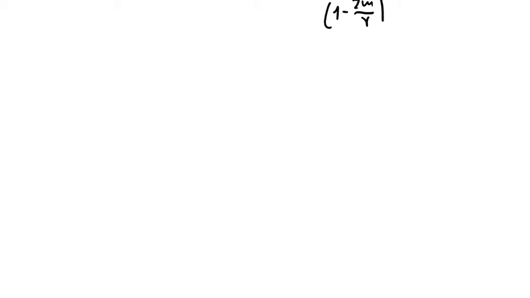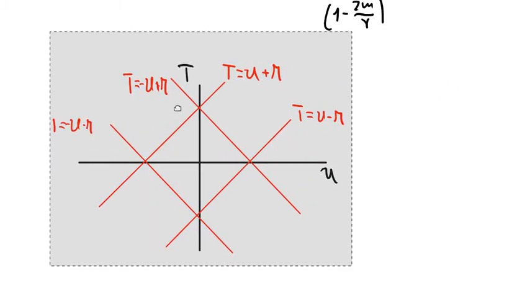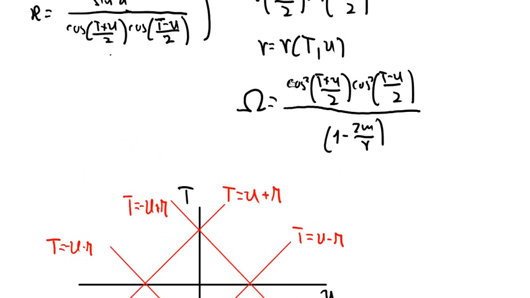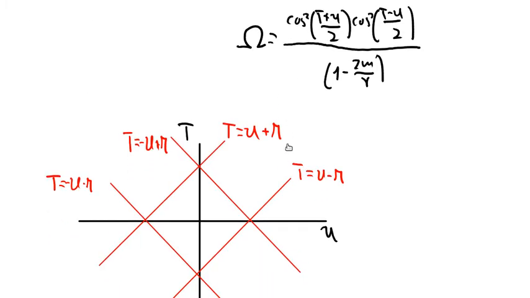Actually, what I'll do is just paste in the picture. These lines represent the zero set of the numerator. It's exactly the same as in Minkowski.